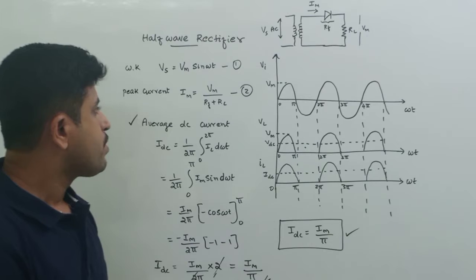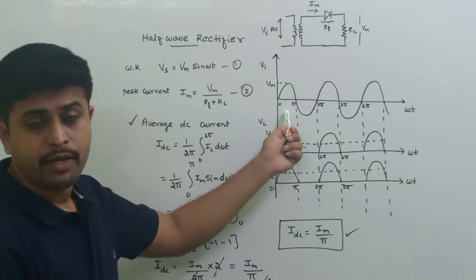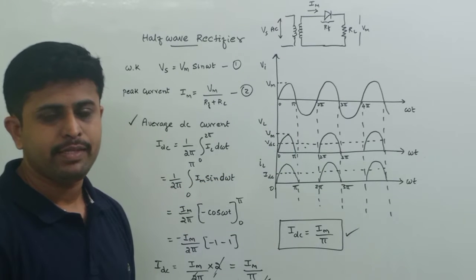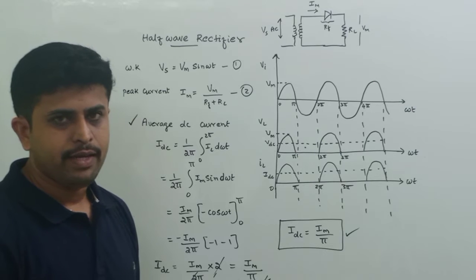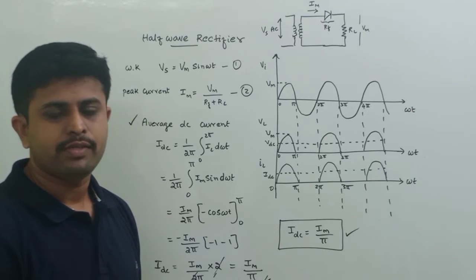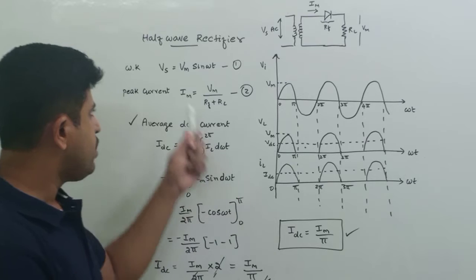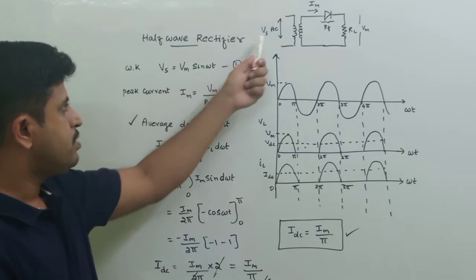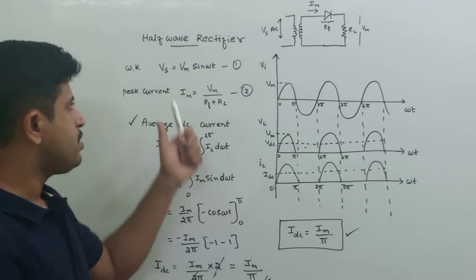So now, this input can be represented mathematically in the form of a sinusoidal expression. You can see here what is Vs. Vs is the AC supply voltage.